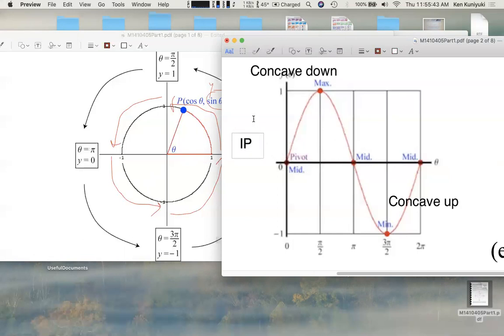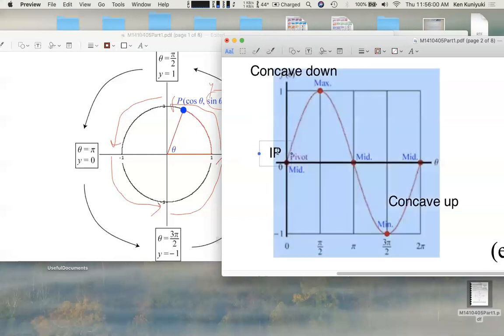We mentioned these when we talked about logistic functions, where the graph is changing in curvature. So we have an IP at these middle points: an IP there, an IP over here at the middle point, an intercept right now, and an IP over here. And what is an inflection point?